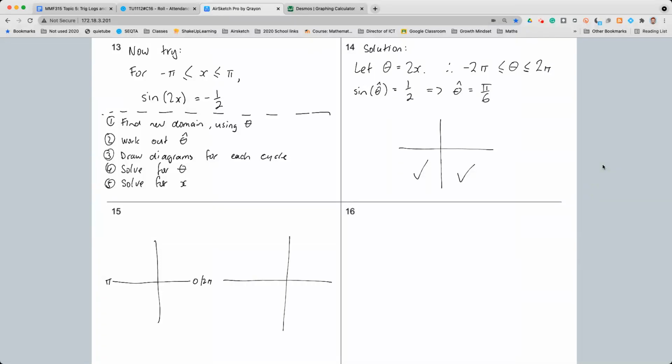In the second diagram, I'm going to have between 0 and negative 2 pi. See what I'm doing there with my arrow? I'm going backwards. So 0 and negative 2 pi. That means my angles are either going to be here or here.